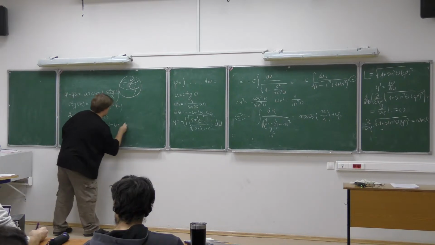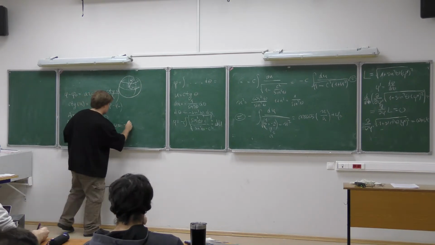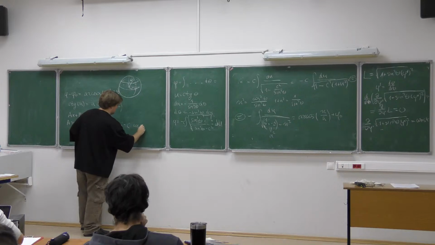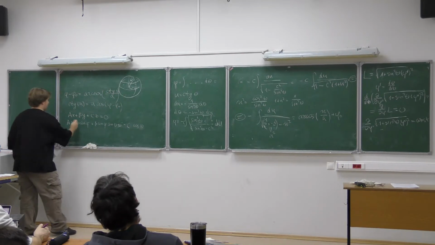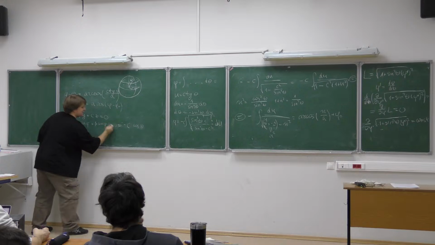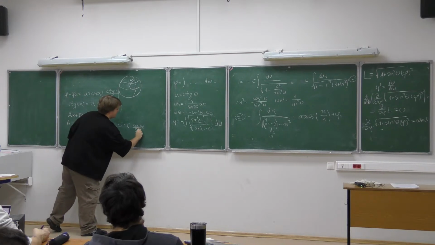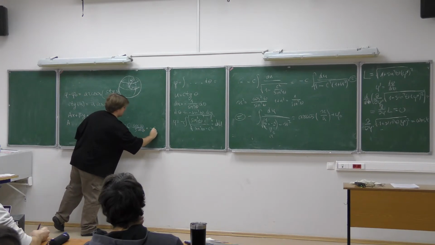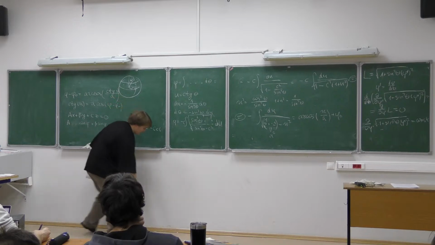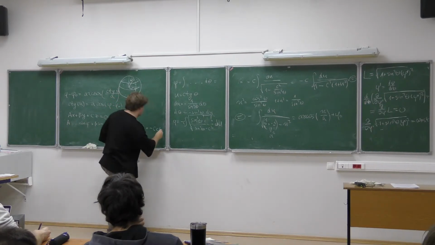Then we can put this into the left side, theta, divided by sine of theta. This one is minus c cotangent of theta.